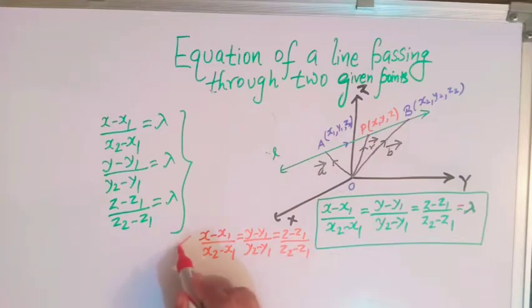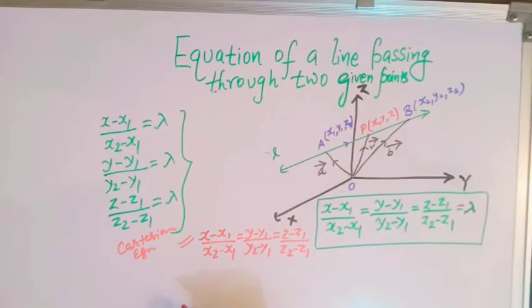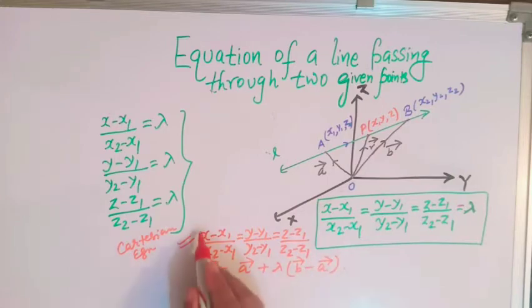So this is the Cartesian equation of a line which passes through two given points, and the vector equation is vector r is equal to vector a plus lambda times (vector b minus vector a), right?